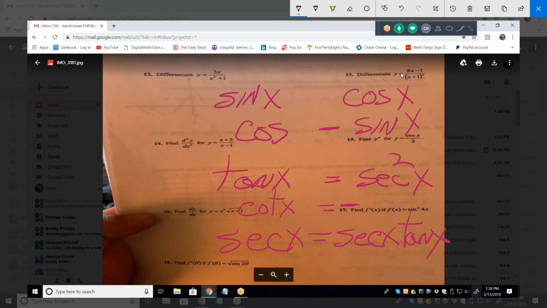Okay. And it's going to be the co-function of secant squared. So it's got to be cosecant squared of x. And finally, you take the co-function of secant, which is cosecant. It's got to start with a negative sign. So what is that? Negative cosecant x times cotangent x. This way, you only have to remember those three.